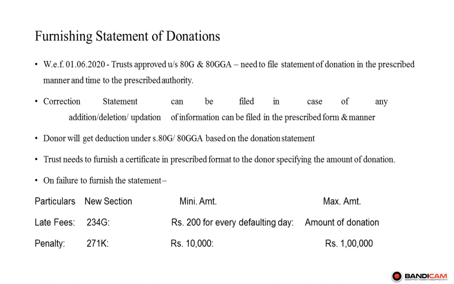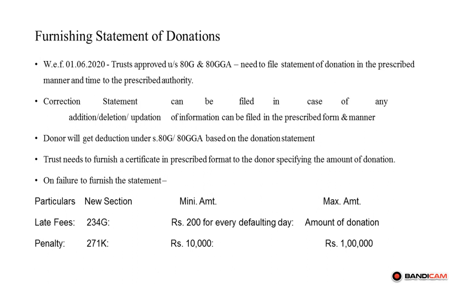So the minimum limit is rupees 200 for every defaulting day, and the maximum is the donation amount. This is the penalty for the charitable organization if it does not furnish a statement of donation.